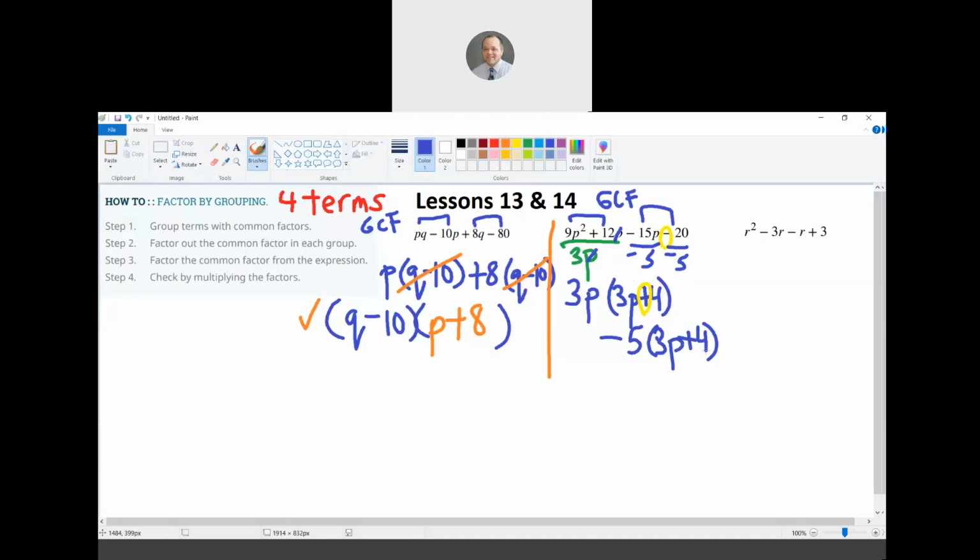You get the same thing in each pair of parentheses, meaning you're factoring correctly. So that 3p plus 4 is a GCF we can take out of both terms. So we'll pull out a 3p plus 4 out of both terms. Now, when you pull out a 3p plus 4 from the first term, you're left with 3p.